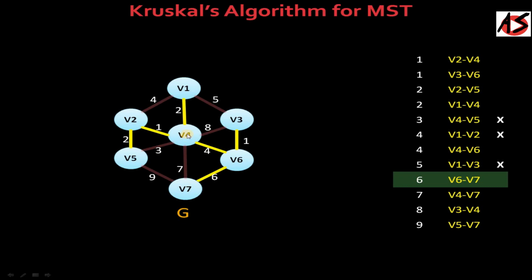Now you calculate the sum of weight of all the edges, you will get 2 plus 1 plus 2 plus 4 plus 1 plus 6. So you are getting 16 here. It is the minimum sum of the edges in the minimum spanning tree. So that is all about Kruskal's algorithm for finding the minimum spanning tree.